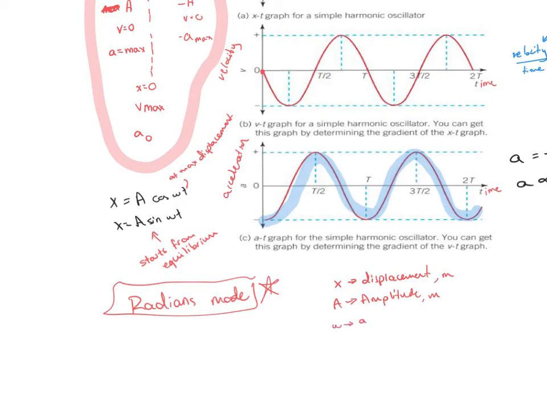Omega is the angular frequency, which is in rad per second. Also, remember that we can calculate omega using 2 pi f or 2 pi over T. And t is for the time.